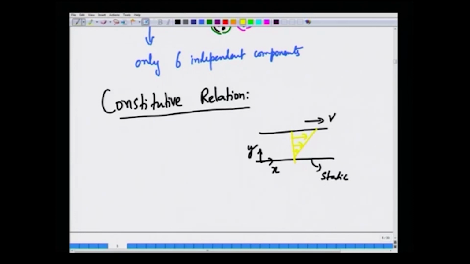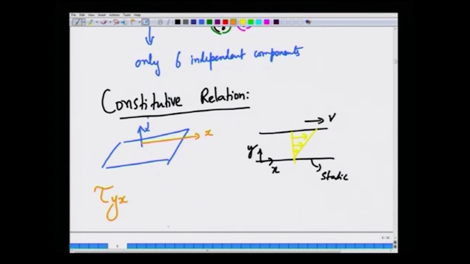The relevant component of the stress: I am just drawing a cross section, actually the plate extends, and its unit normal is in the plus j direction, and the direction of the stress would be in the plus x direction. So, the component of stress that will be of interest is tau y x.